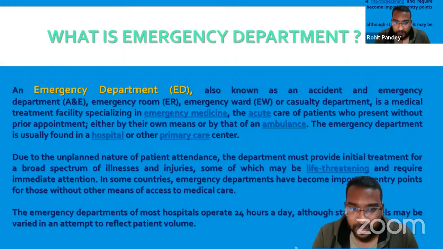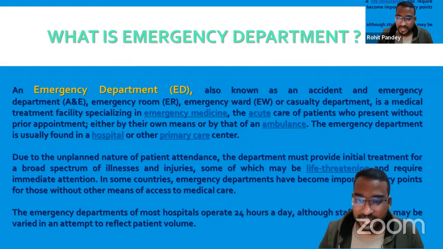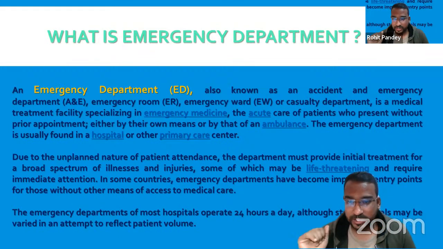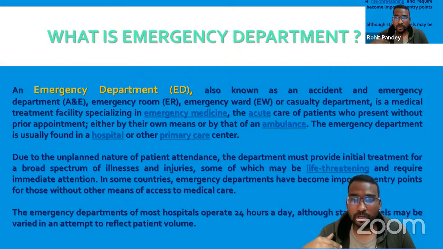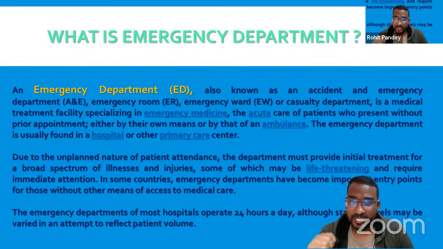When a patient reaches the emergency department, what is the work of the emergency department? The emergency department doctor tries to stabilize the condition of the patient, and if they think the patient is in good condition, they move that patient to observation, or to another department, or if the patient needs any specialization, like a kidney problem or any other issue.